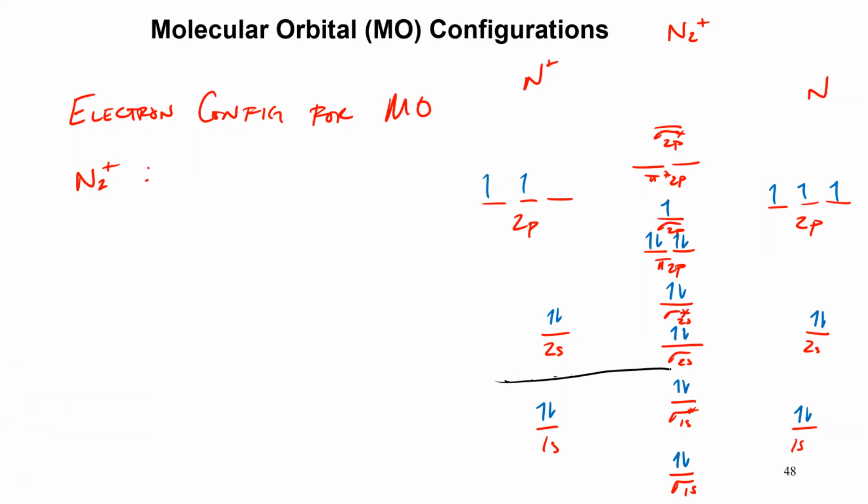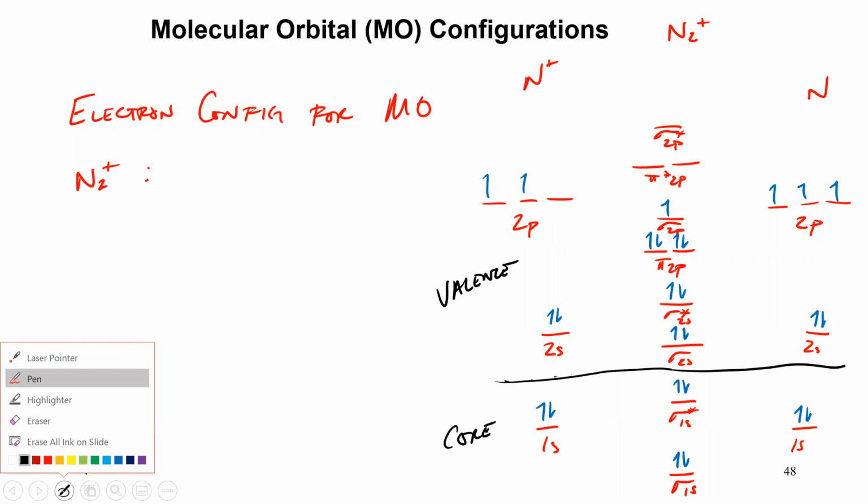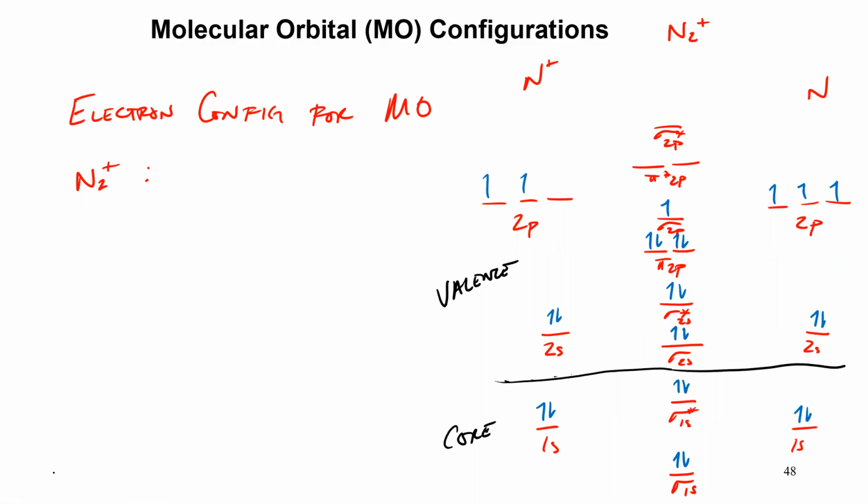Right, so here, these are our core electrons, and these are our valence electrons. And so anytime you have a set of core electrons, you know that all those molecular orbitals are full, so you have to have an equal number of bonding and antibonding.